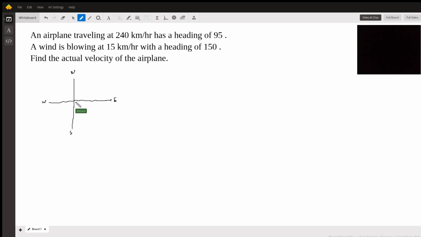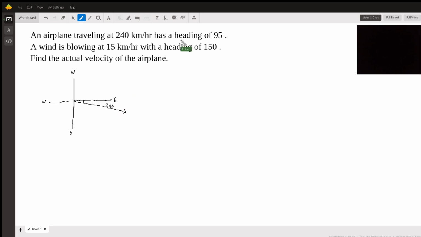So the heading is going to look like this with a 5-degree angle here. It's going to go just beyond 90 over to 95, so you could think of that as a reference angle, if you like, of 5 degrees. And it's going to have a magnitude of 240. So there's the vector, and the length or magnitude of that vector is 240.